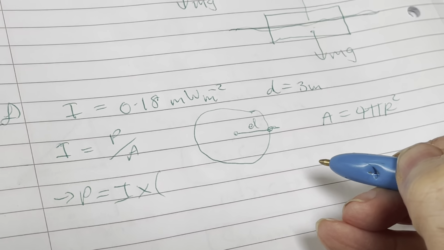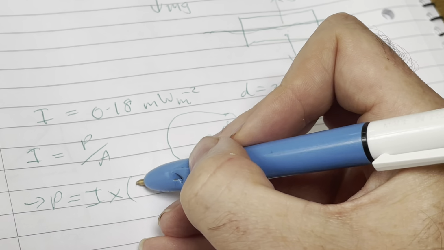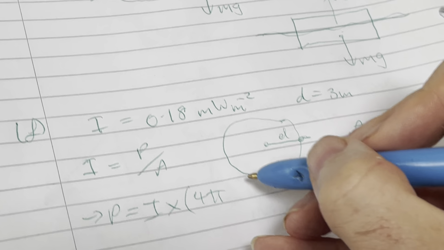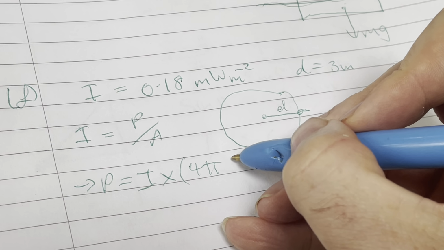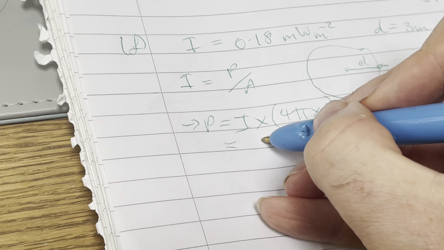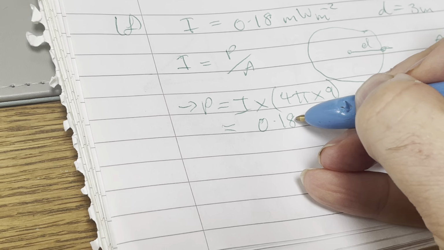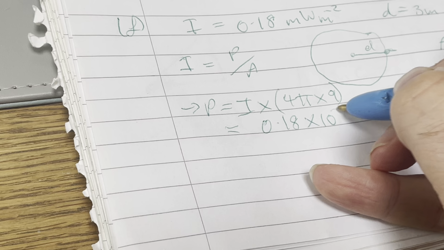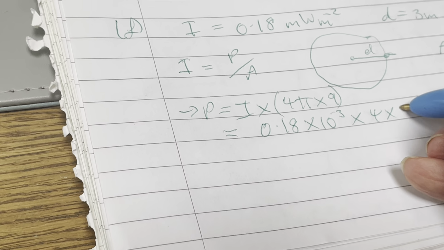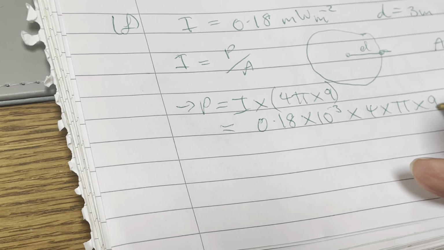Okay, so your power is 4 pi r squared, and d is 3, yeah? So r squared is 9. So it's equal to 0.18, now it's millis, so 10 to the power minus 3, don't get caught out in that, by 4 pi by 9.